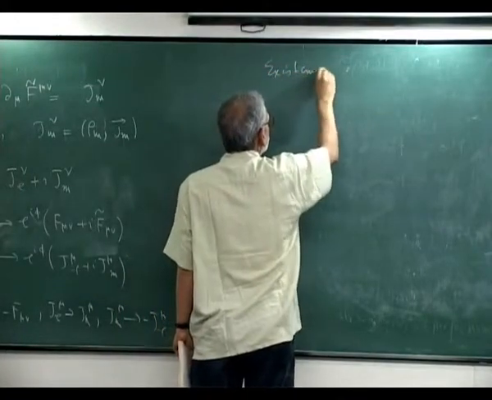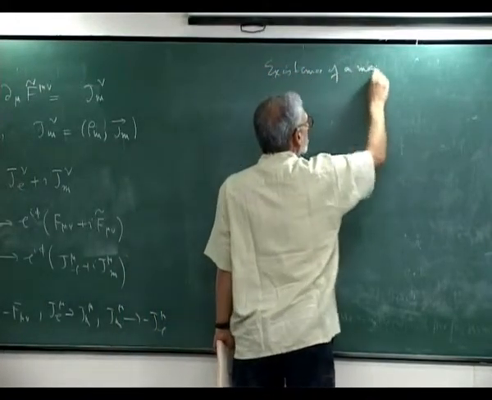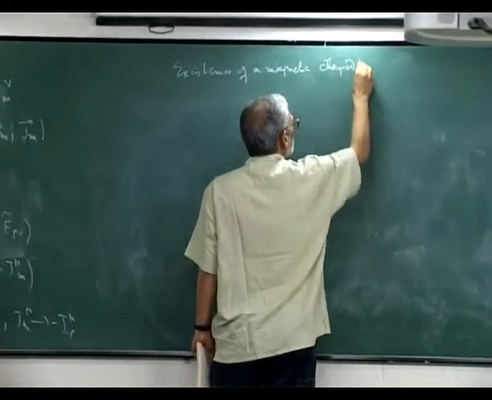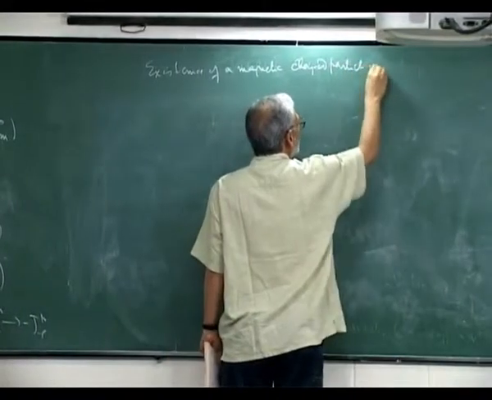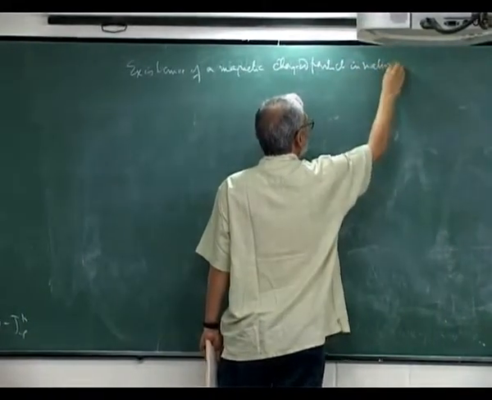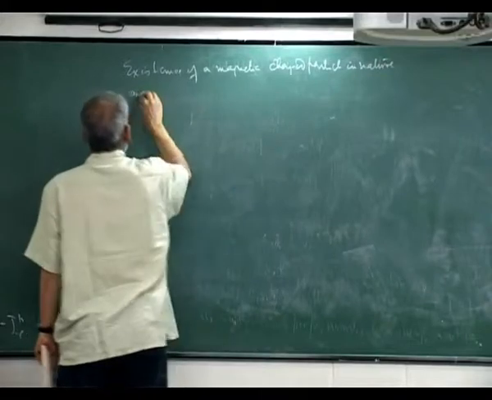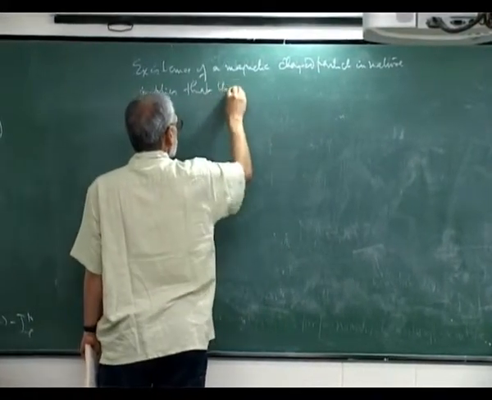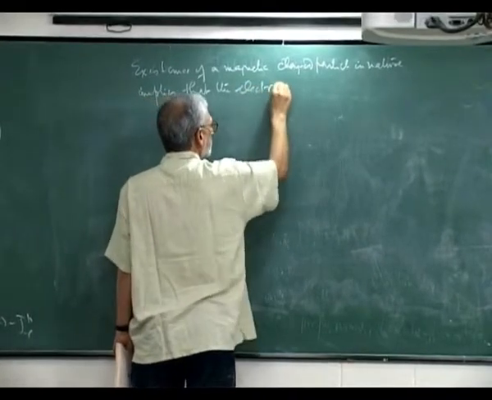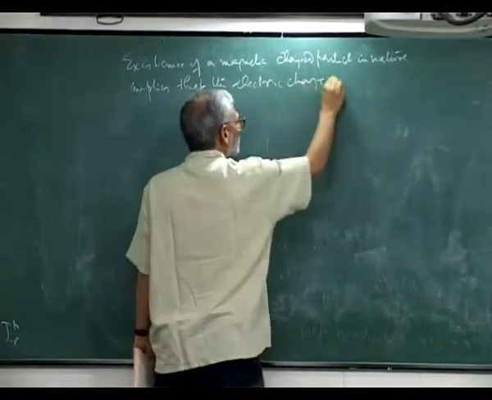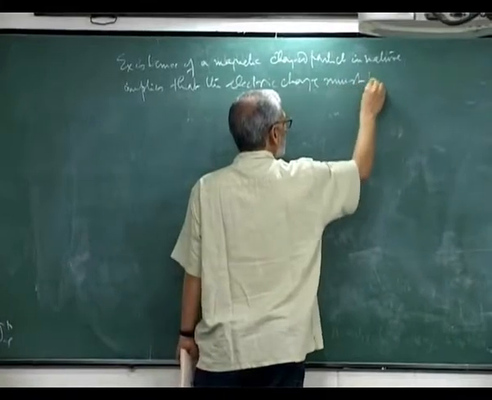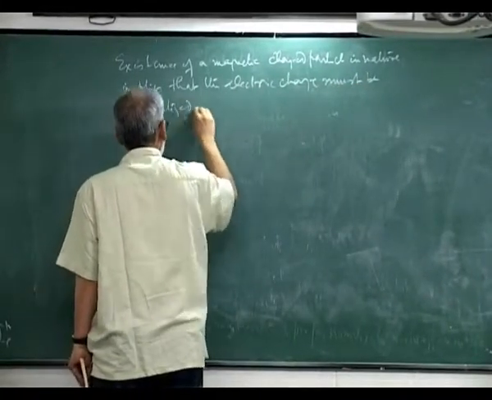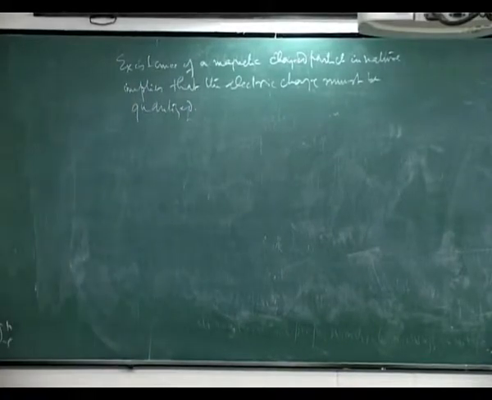Existence of a magnetically charged particle in nature implies that the electric charge must be quantized. What do we mean by must be quantized?